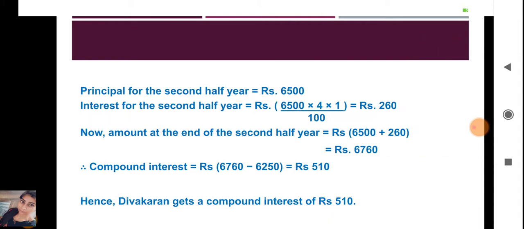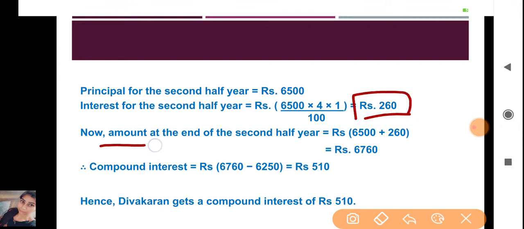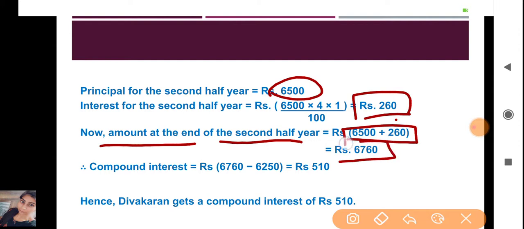This 26 is the interest, 260. The next step is to find the amount. So the amount for the second half year is 6500 plus 260, which will be 6760. But we don't need to find the amount for this particular question.